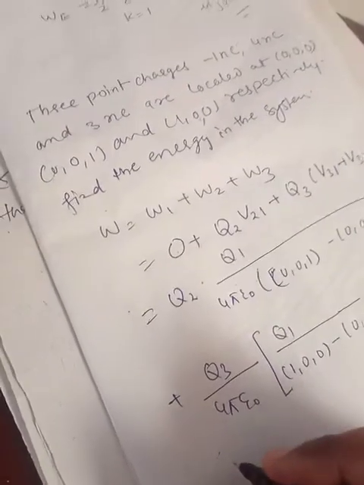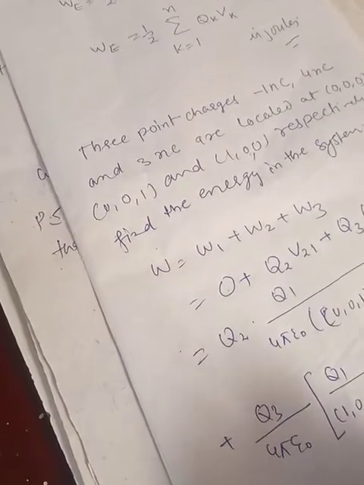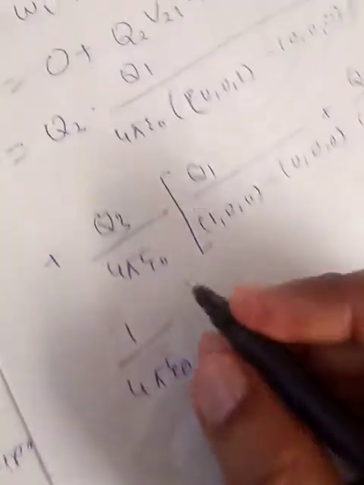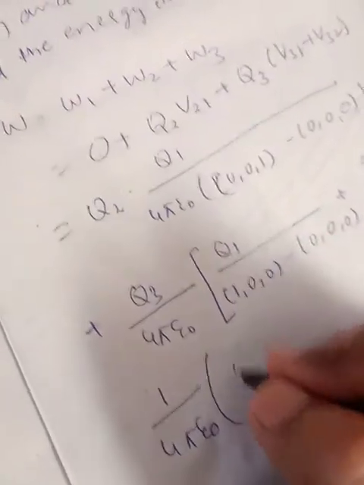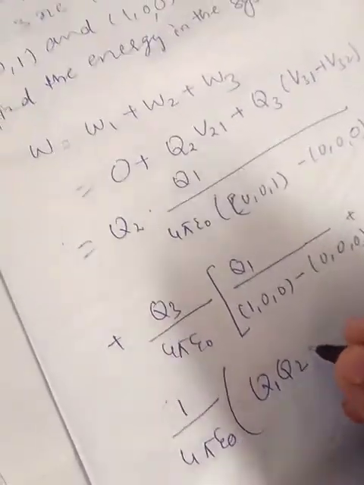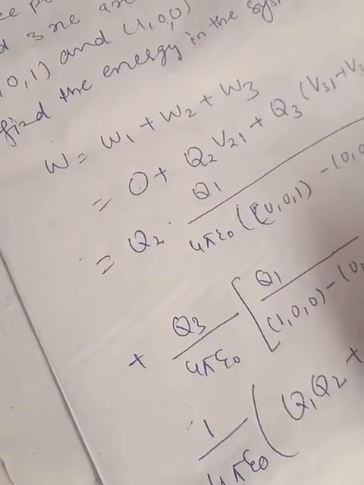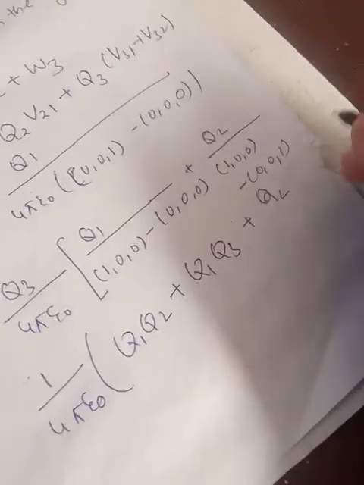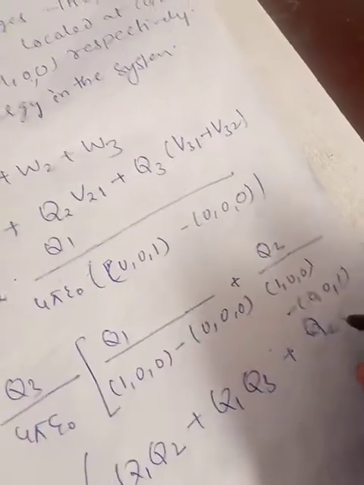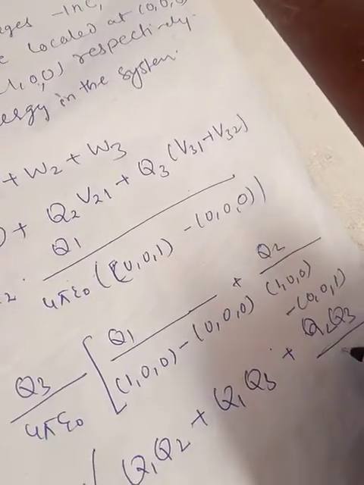Further, if you simplify this equation, we will get 1 upon 4 pi epsilon 0 bracket Q1 Q2 plus Q1 Q3 plus Q2 and Q3 upon root 2.